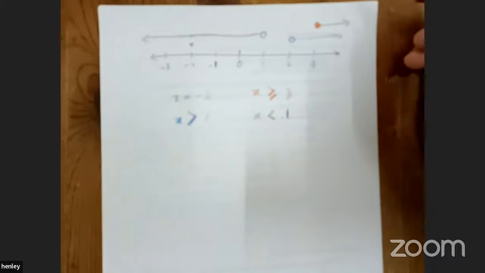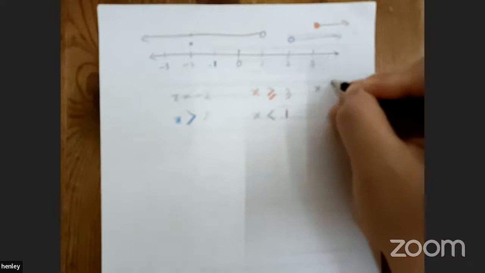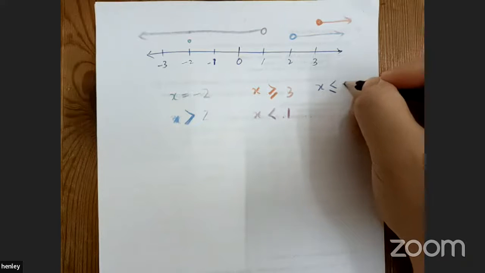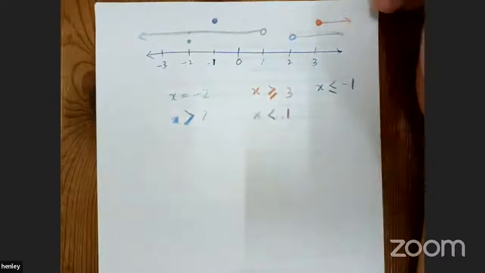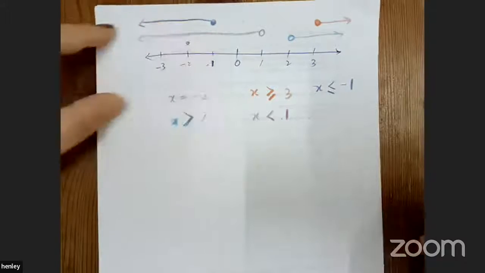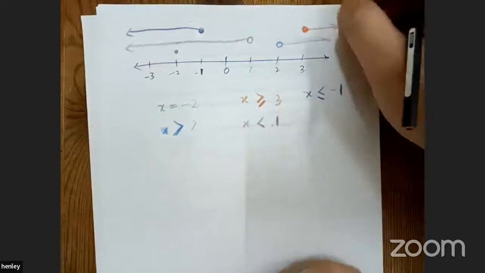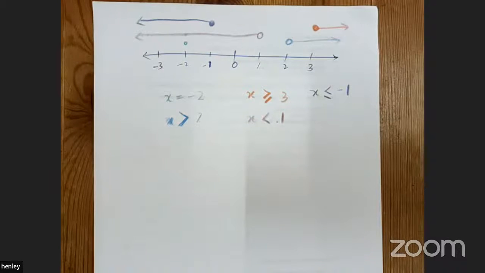If I say x must be smaller or equal to -1, so it must be this line. Smaller means go to the left side, then larger goes to the right side. Okay, so this is the simple idea before we start the class.